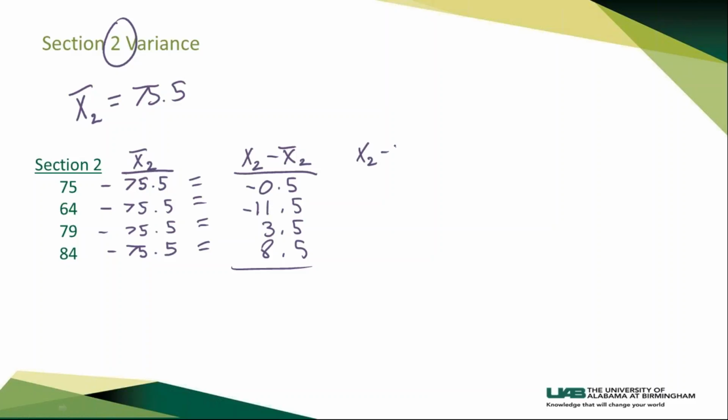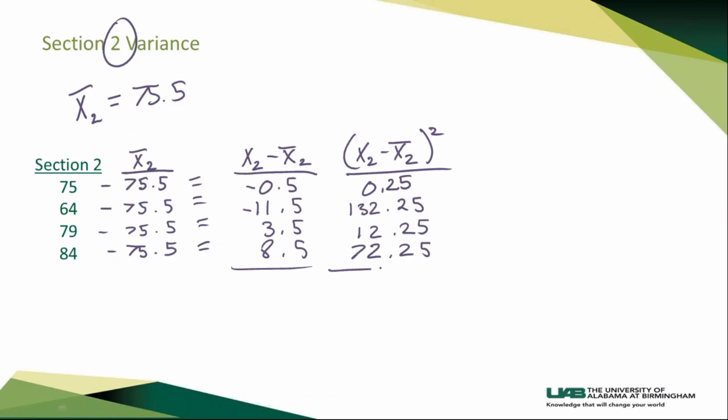So we want to square this. So if we add those up, 217 even. So again, that's the numerator here for our formula for variance.